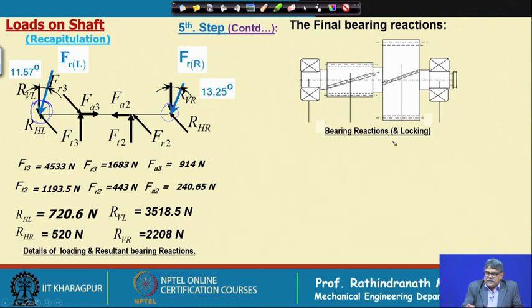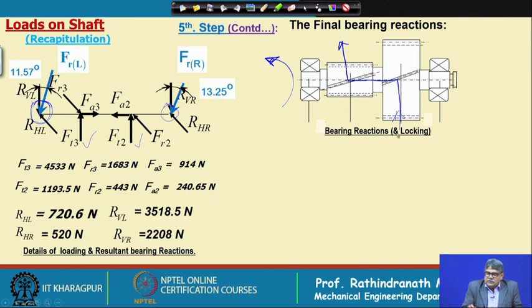So, this means that torque is entering from here and going in these directions, and the direction of rotation we have taken like this. At this point the tangential load is acting upward, and at that point the tangential load on this tooth is also acting upward, which is shown here.